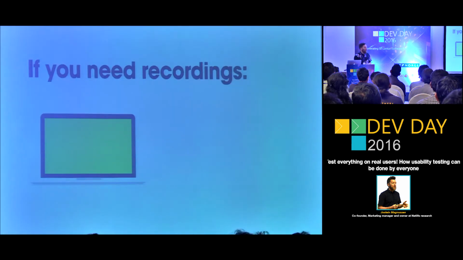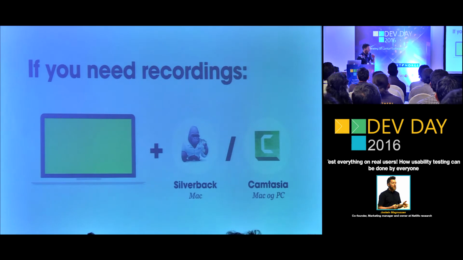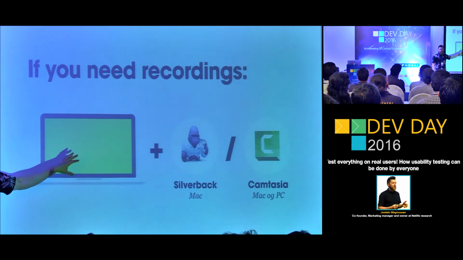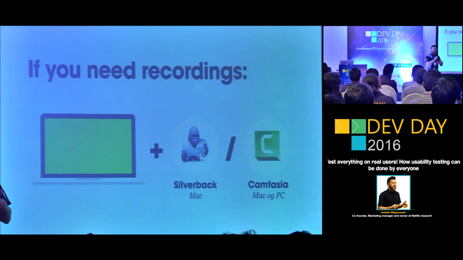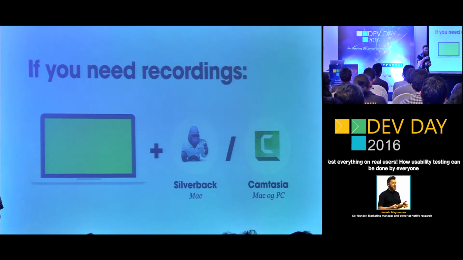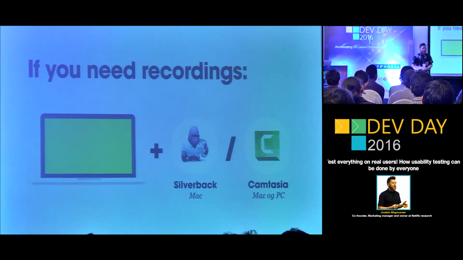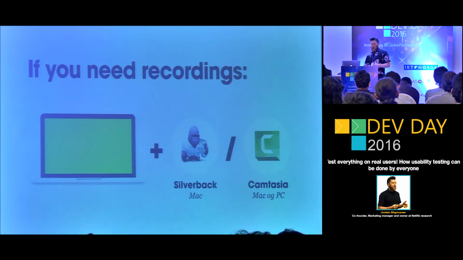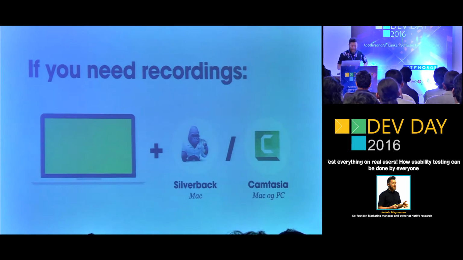But if you need recordings, you could use a tool called Silverback for Mac, or Camtasia for Mac and PC, to record what is happening on the screen while the test is going on. So you can see where the user clicks and what they say, etc. You can record all that, so you can show it to somebody else if that is needed.